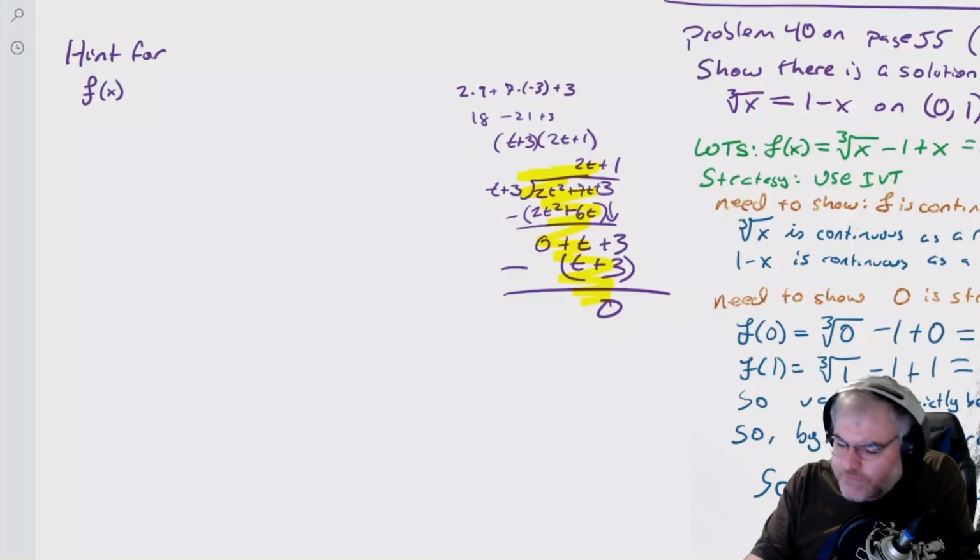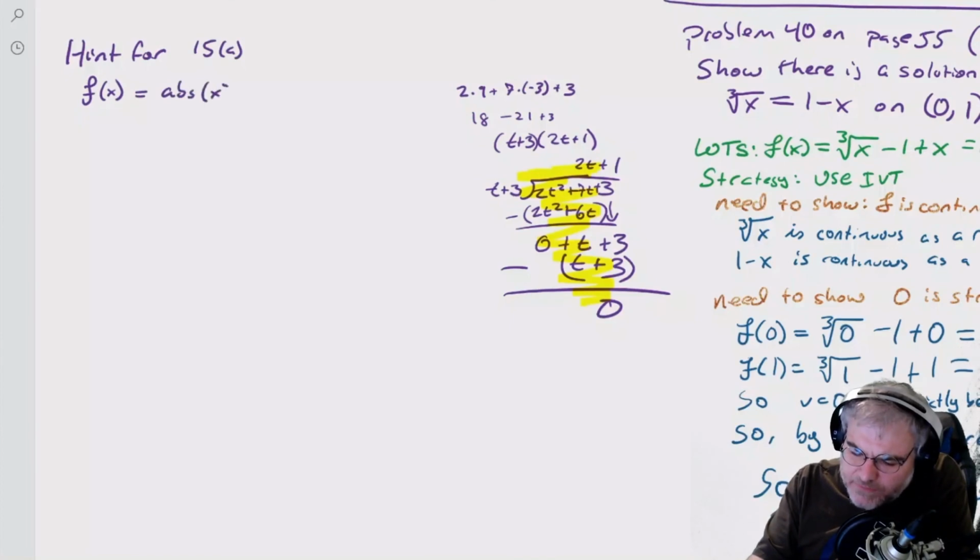Oh, so this is 15a. Is f of x equals the absolute value of x cubed, same thing, is the same thing as negative x cubed if x is less than 0 and x cubed if x is greater than or equal to 0.